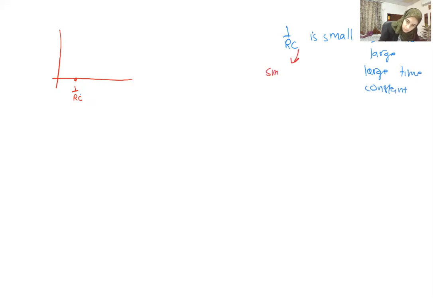So with a small 1 over RC, if this is a small value, it means that 1 over RC is small, which means RC is large, which means large time constant, and 1 over RC small means small bandwidth, isn't it?